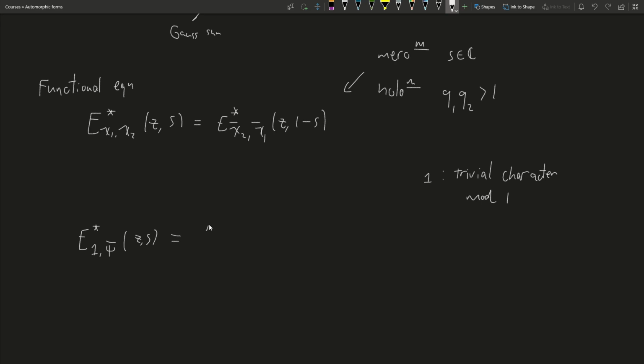So here's the Fourier expansion. It is n to the s over tau of psi bar times, here this is the completed Dirichlet L-function, 2s, psi bar, times y to the s, and plus, for n not equal to 0, you have 2 absolute value of n to the 1/2 minus s, and then here you have a sum of divisors function. And then you have the Whittaker function at the end.